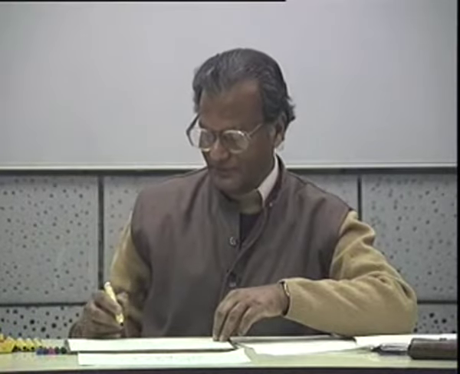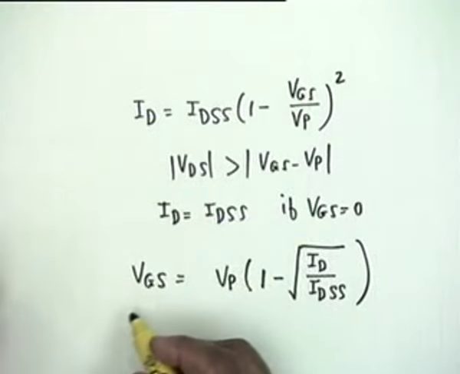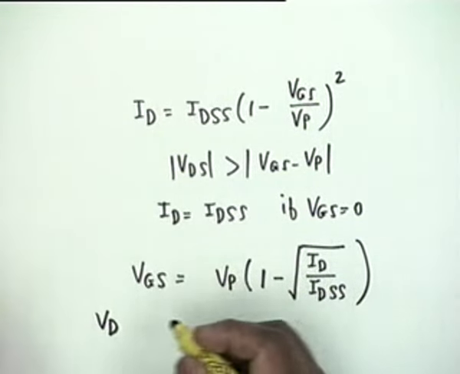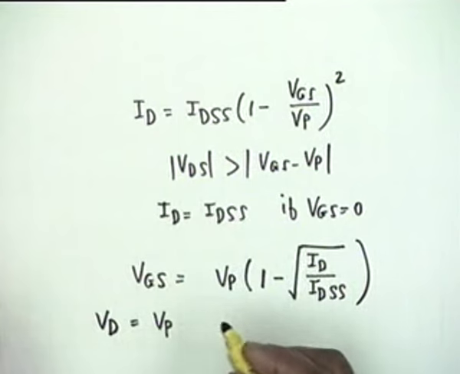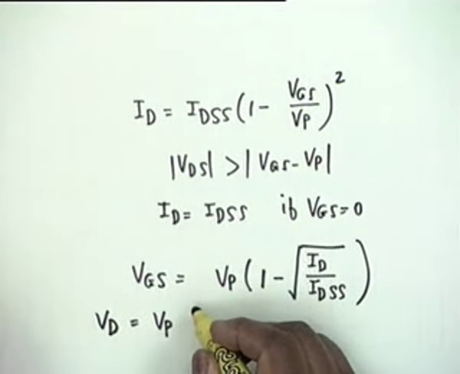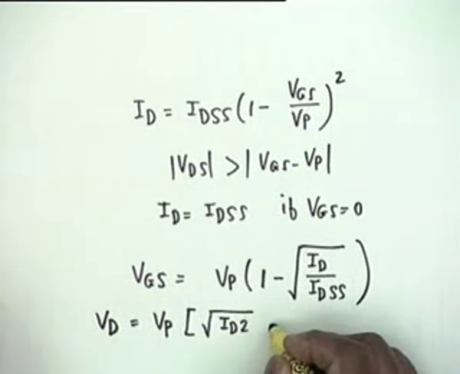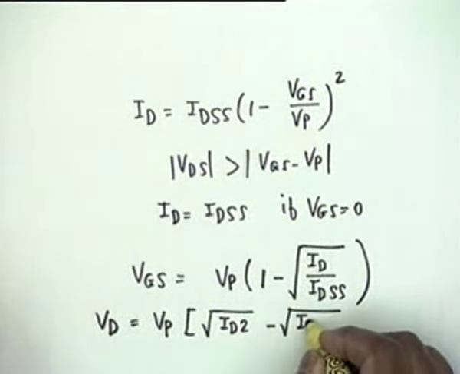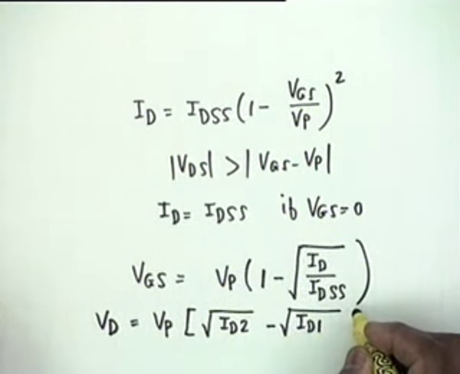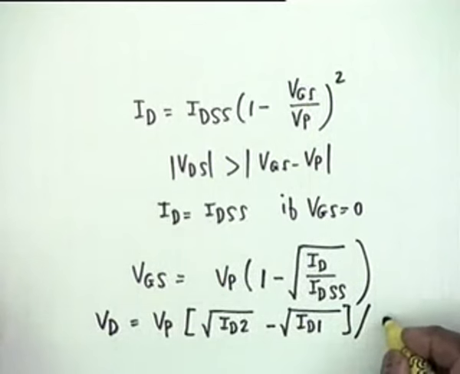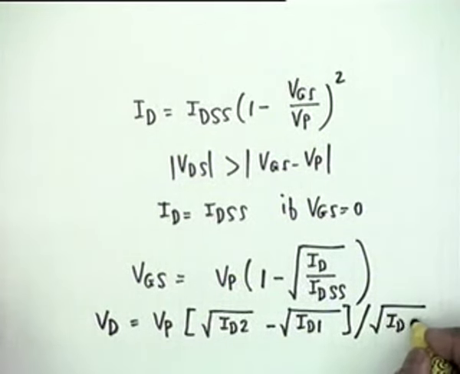And therefore, if I substitute in the relationship for VD, which is VGS1 minus VGS2, what I will get is VP, I am avoiding these algebraic steps, multiplied by square root of ID2 minus square root of ID1, the whole thing divided by square root of IDSS.